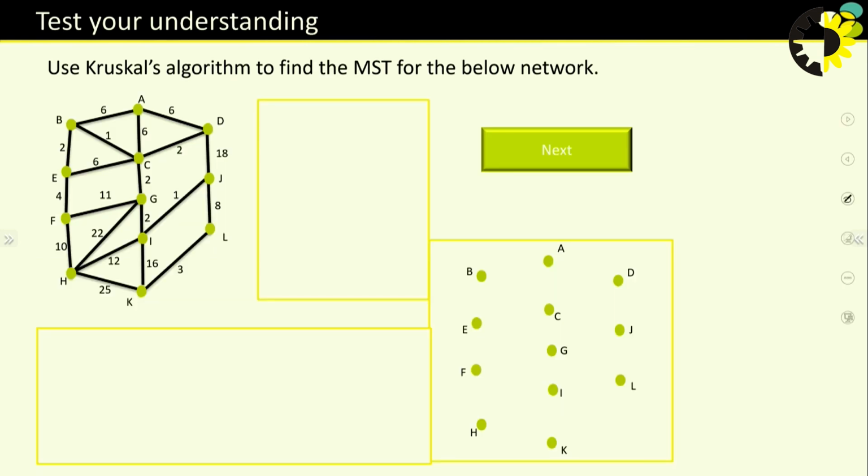But before Prim's algorithm, here this is a new topic, a new question. Use the Kruskal algorithm to find the minimum spanning tree for the below network. This is the network, or we can say that this is the graph.